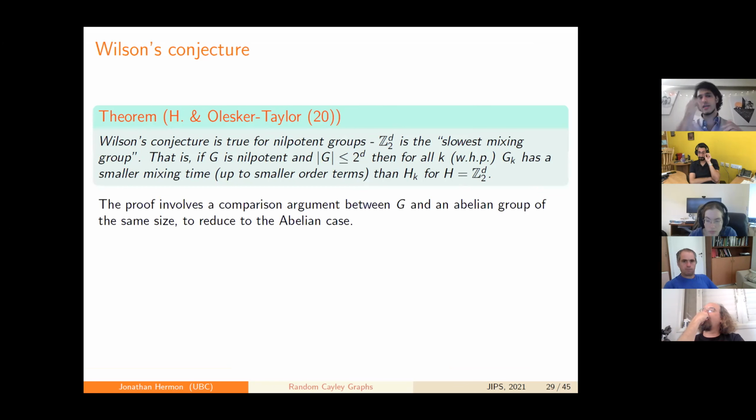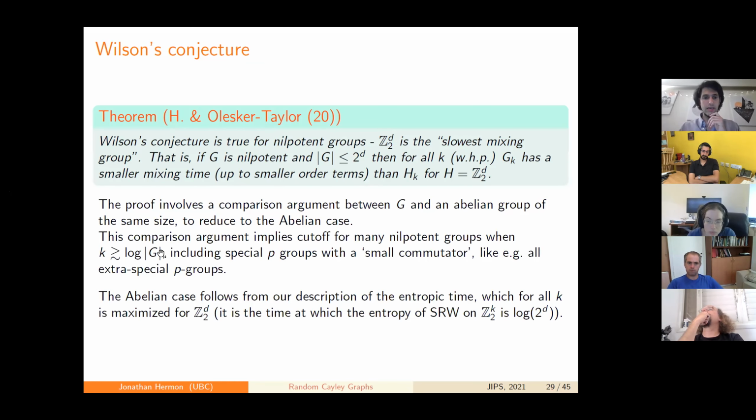Using this comparison argument, we only need to consider abelian groups and verify the conjecture for abelian groups. So this comparison argument actually gives us cutoff for many nilpotent groups for free. But it gives us cutoff when K is at least logarithmic only with this specific argument. I don't want to give an exhaustive list, but for those of you who are familiar with the notion, in particular, this is the case for extra special p-groups. And if you don't know what they are, it really doesn't matter.